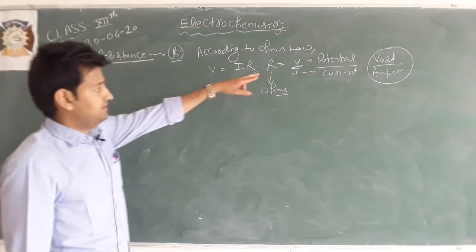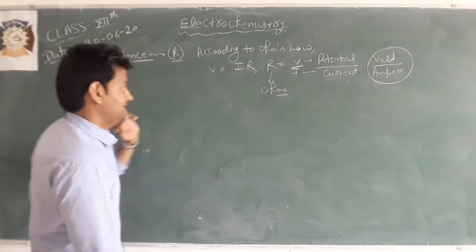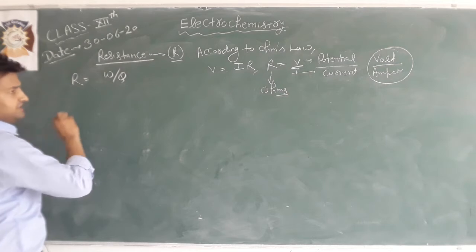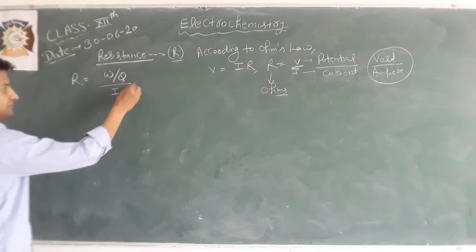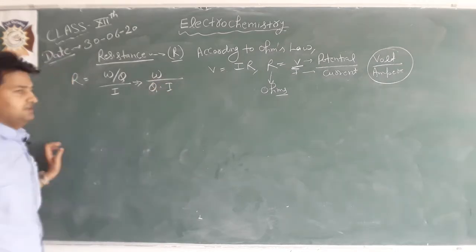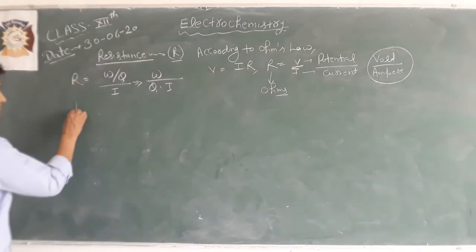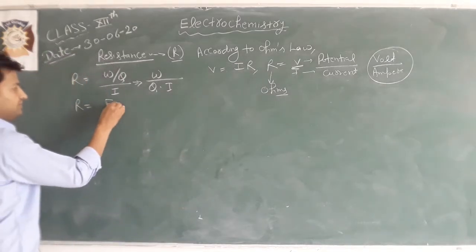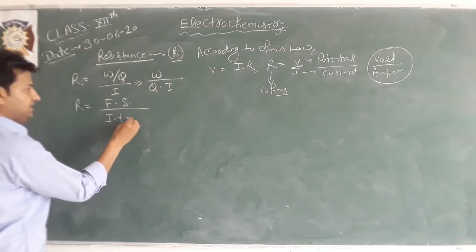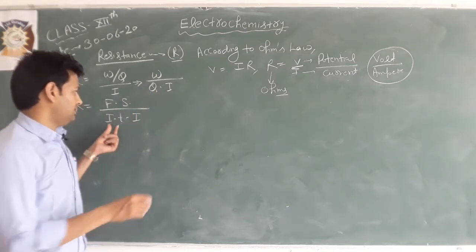Now as resistance is equal to V over I, we know that potential is work done per unit charge, so we can write it as W by Q, divided by I. What is work done? Work done is force into displacement. So R will be force into displacement S over charge, which is I into T, because I is equal to Q by T, so we can write Q is equal to IT.